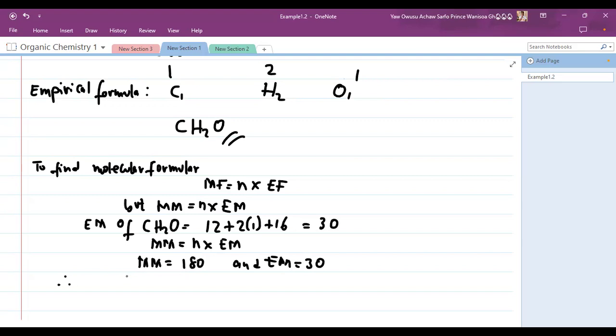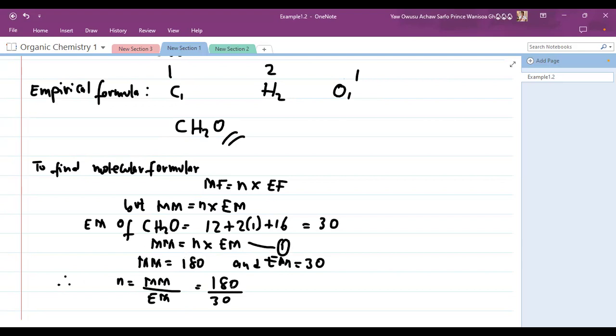Therefore, our N will be equal to molecular mass over empirical mass, so 180 over 30.